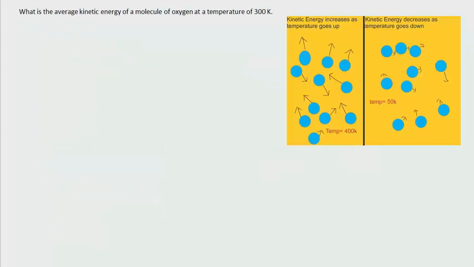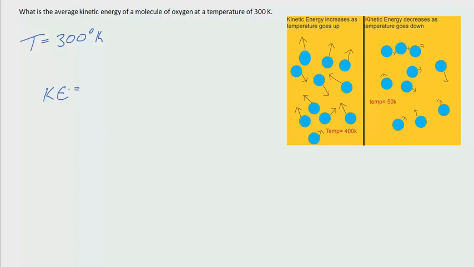If we look at our first example, it asks: what is the average kinetic energy of a molecule of oxygen at a temperature of 300 Kelvin? The only information we were given was our temperature, 300 Kelvin, and we're asked to find the kinetic energy of a molecule of oxygen.